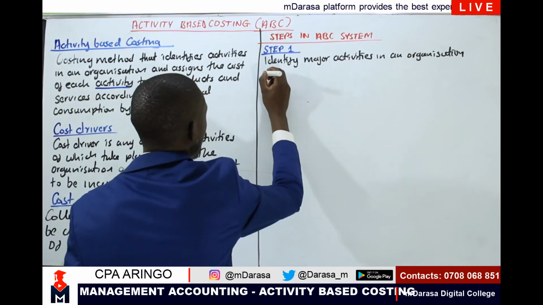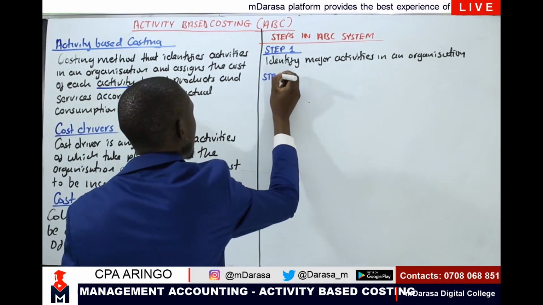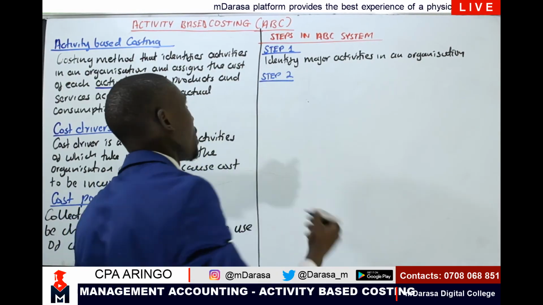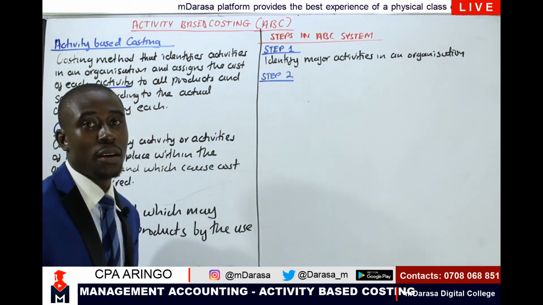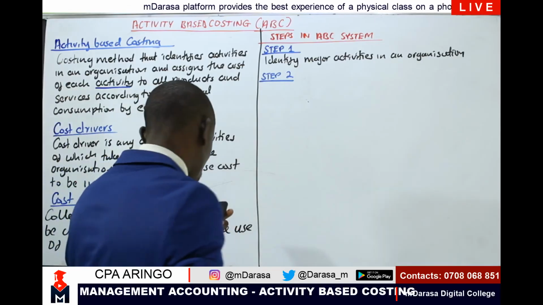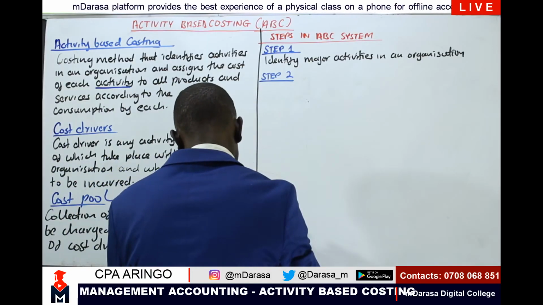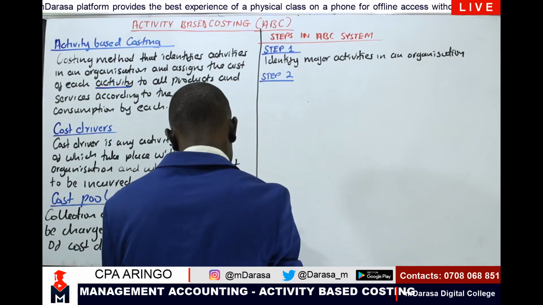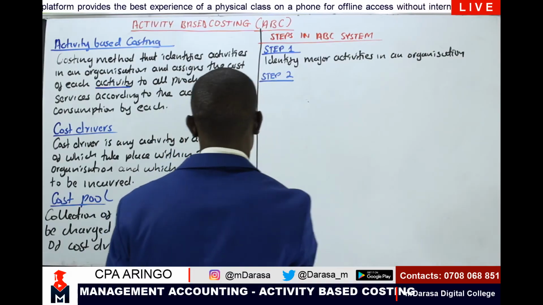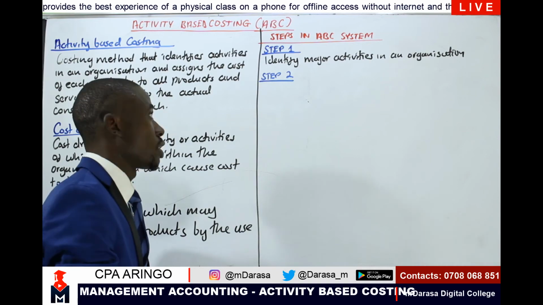That should take us to step number two. What is the second step that you must always have in mind? Step number two: identify the factors which determine the size of the costs. Ideally, you are talking of the activity, the cost drivers and the cost pools.